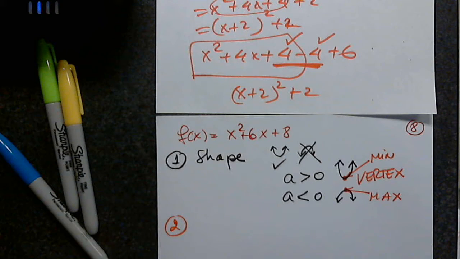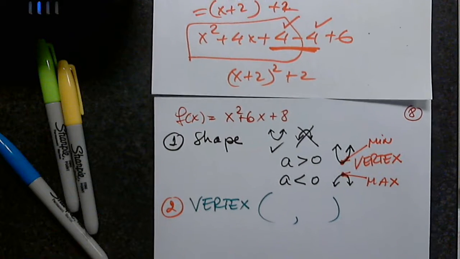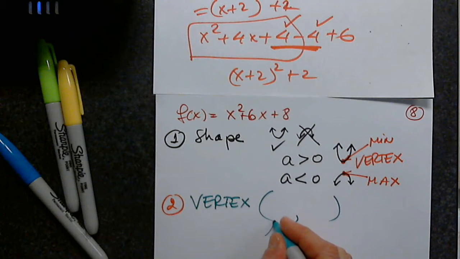The vertex. Anyone remember how do we determine the x coordinate of the vertex? It's okay if you don't. I want to go back to the quadratic formula.